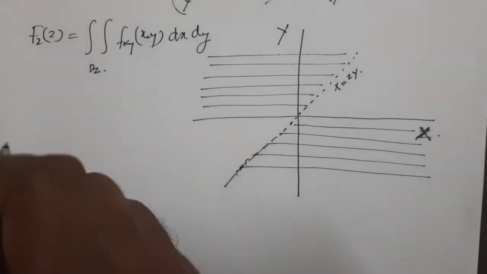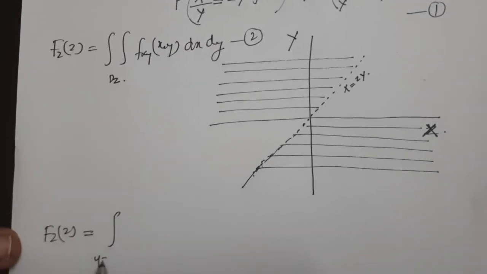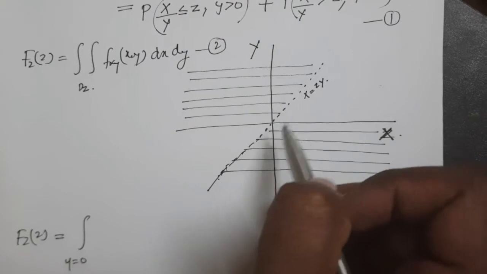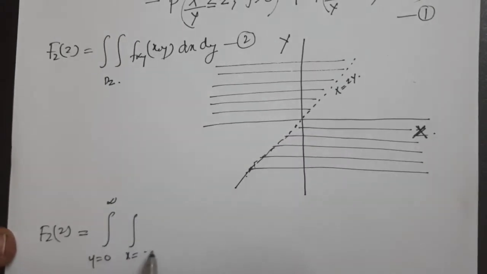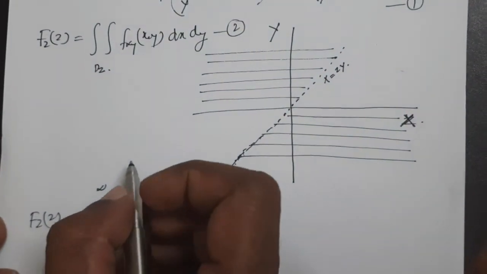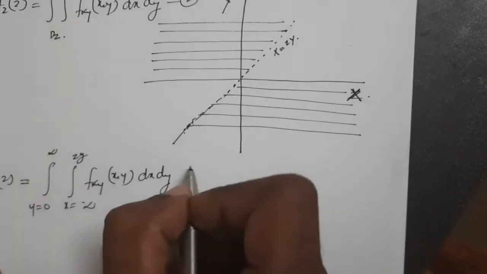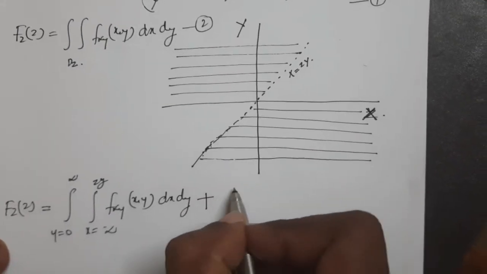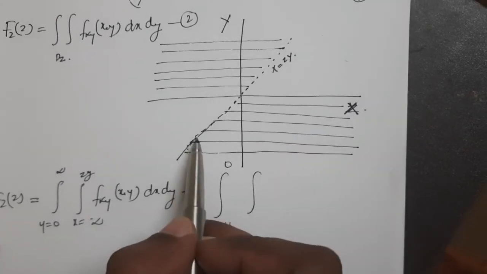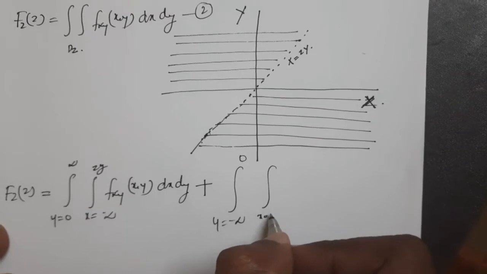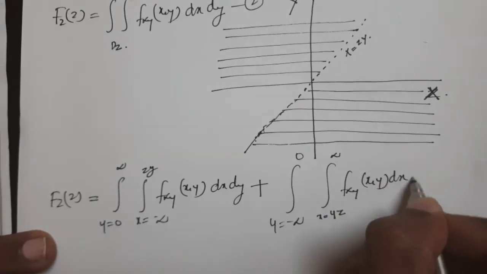Now Fz(z) can be written as the integral for positive y, where the range of y is 0 to infinity and x equal to minus infinity up to zy, of fxy(x,y) dx dy, plus, for negative y, y equal to minus infinity to 0 and x from yz to infinity, of fxy(x,y) dx dy.